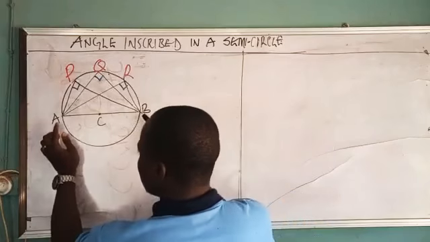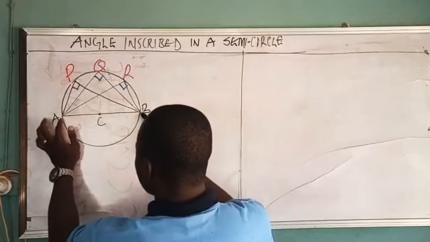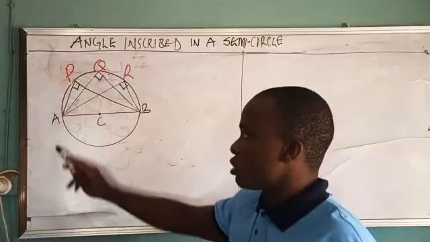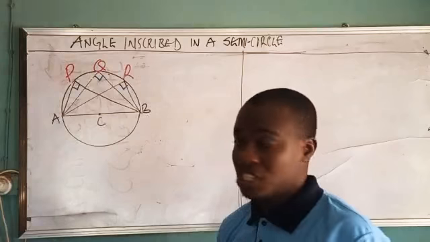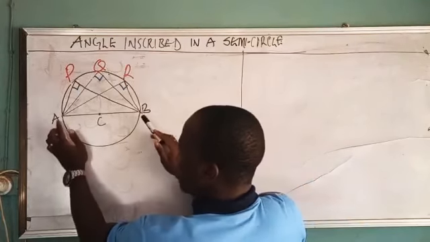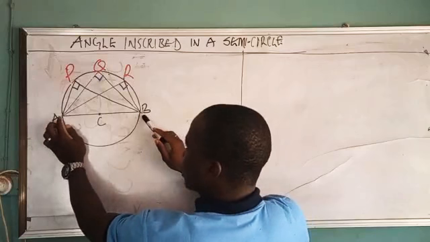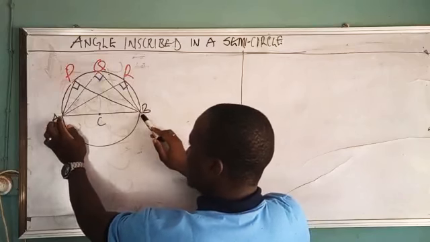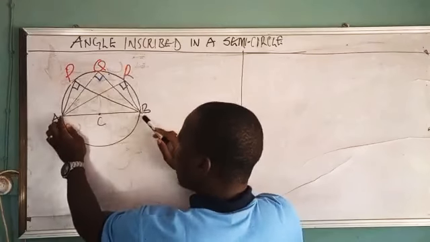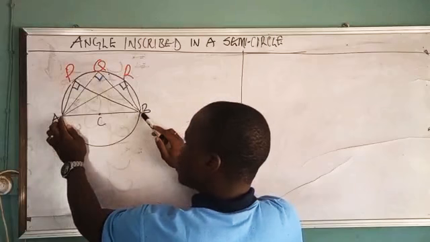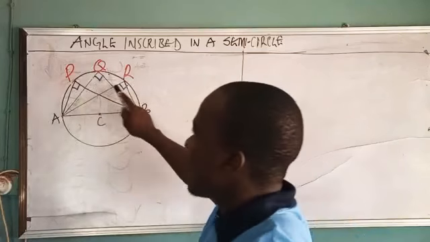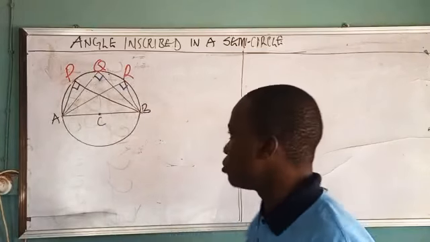If you trace it towards Q, you see that Q is made with line AB, which is the diameter. Also, if you look at this angle R here, R is formed with this AB, that is the diameter. You can see all these angles are found in a semicircle. You understand?